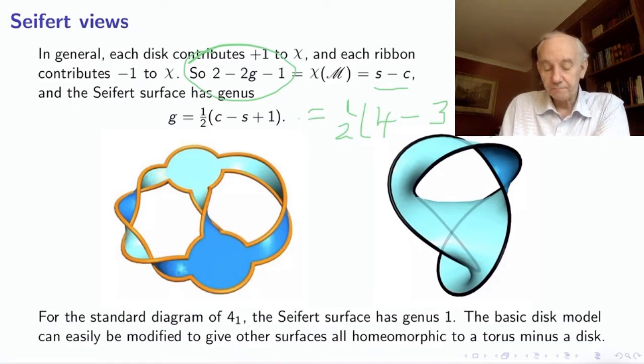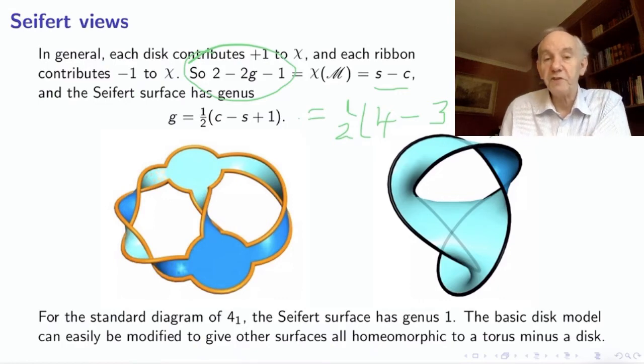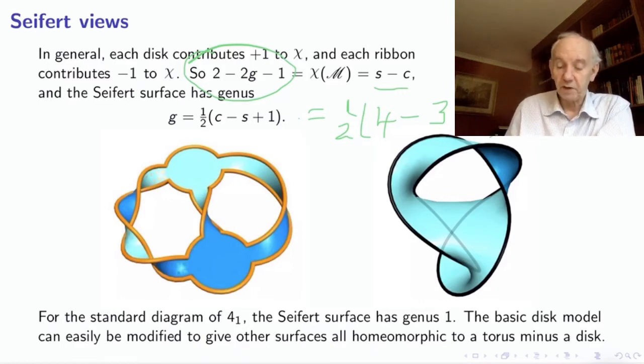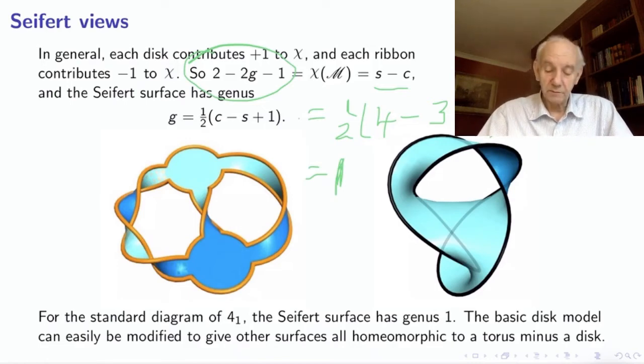Sorry, plus 2. The genus is equal to 1. Okay, so that means genus 1. It means we've got a torus. We started with a torus and we just removed a disk. Anyway, so it's 4 minus 3 plus 1. So there's a missing +1. You get an answer of 1. Put the -1 there. Sorry here.